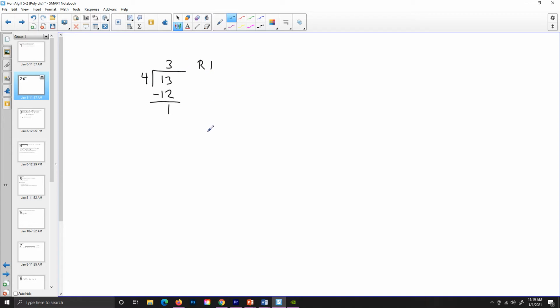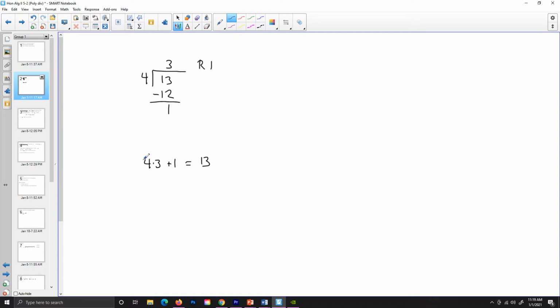And because 1 is less than 4, I know that I am finished, and I would put a little remainder of 1. And we can see that if I were to put this back together, I could check by going 4 times 3 plus 1, and that would be equal to the original 13 that I have here.